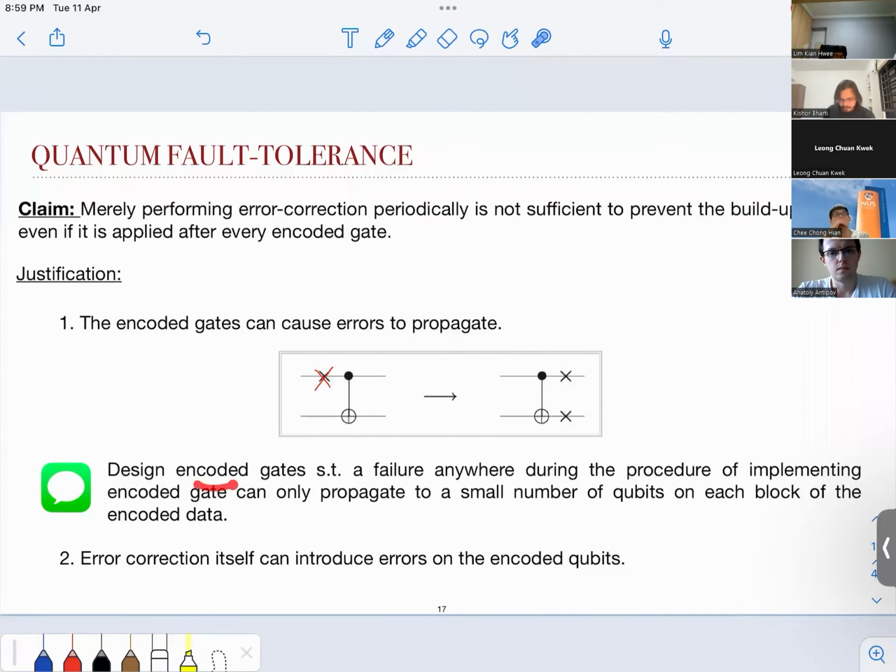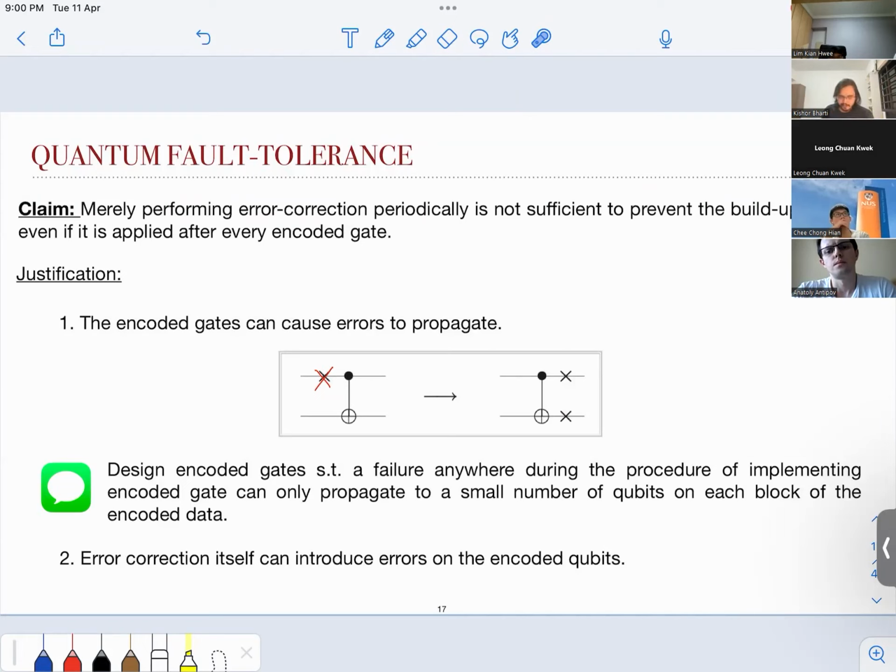So you have to design gates such that a failure anywhere during the procedure of implementing the gate can only propagate to a small number of qubits on each block of the encoded data. So you should design blocks, and I will explain what it means, such that your errors should not spread too much. If it spreads too much, then that can cause problems.